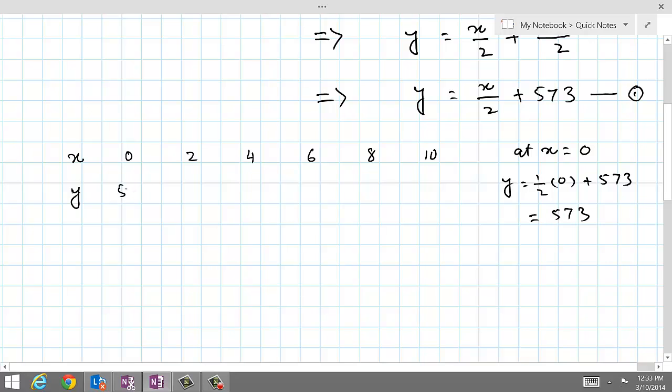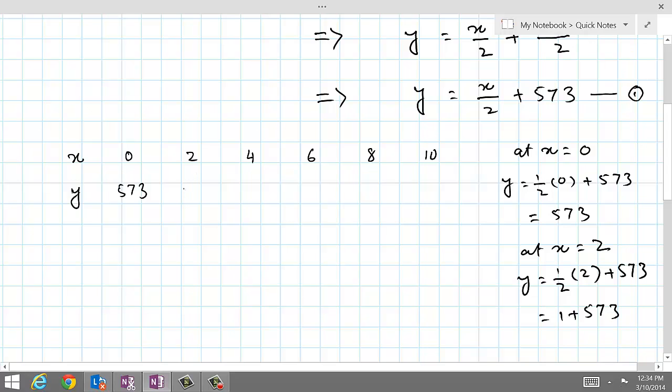So we write 573, and for x equal to 2, y is equal to 1 over 2 times 2 plus 573. This is equal to 1 plus 573.